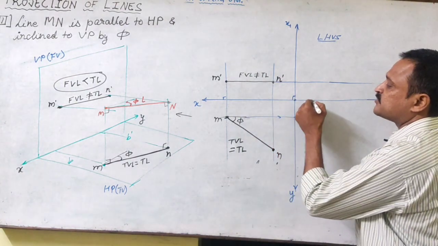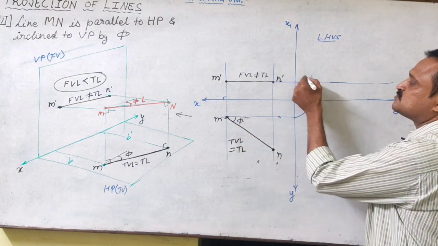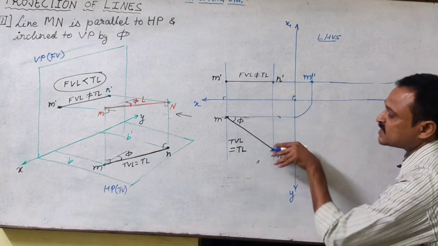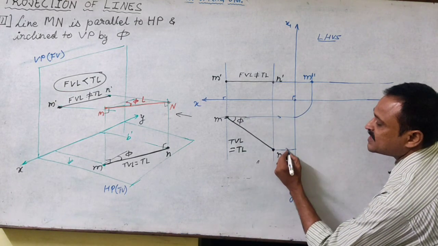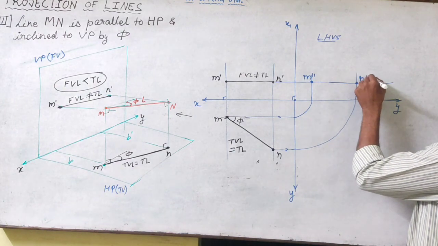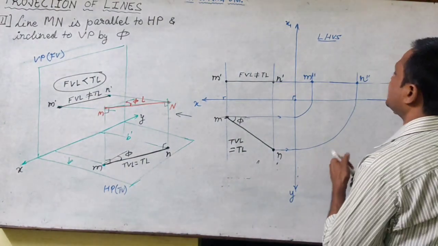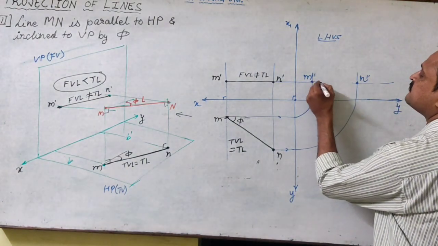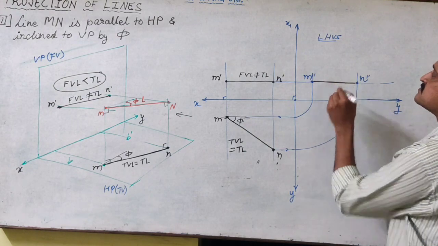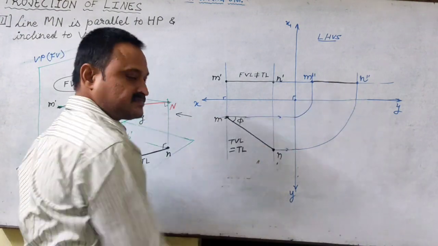From the origin we rotate and project. So height of M, width of M, this must be M double dash. Then again parallel to XY line, we drag the width of N, rotate it and project. So this will be N double dash. So we get M double dash, N double dash as the left hand side view or left profile view of the line.